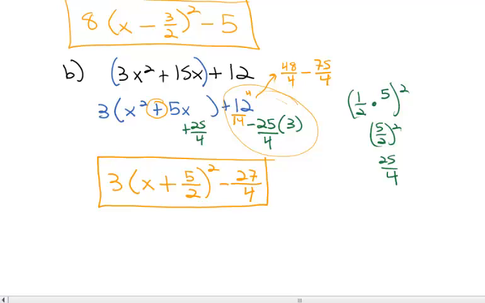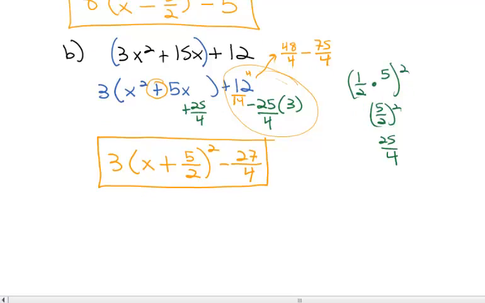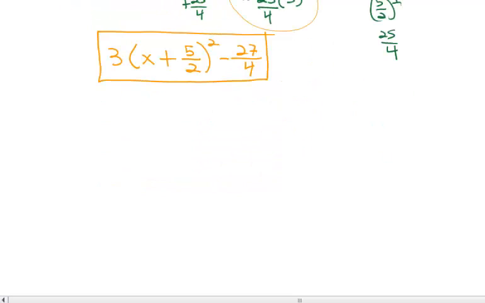Let's try one more, even more interesting fraction problem. Let's look at 5x squared plus 3x minus 2. It doesn't feel like there's fractions. There are. Grouping the first two terms together, we factor out a.